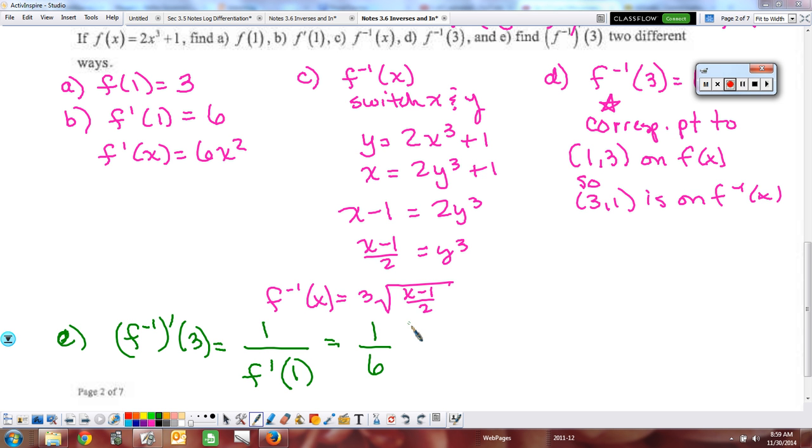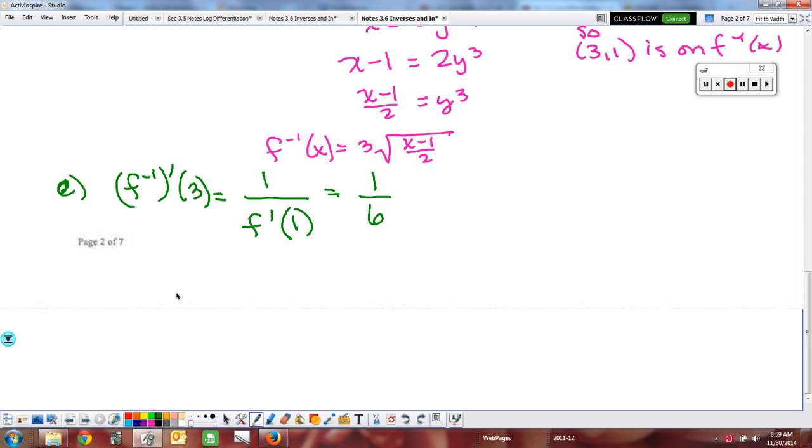But the point of this formula is, even if I know f of x, but I want to find the slope on the inverse, instead of finding the derivative of the inverse and then plugging in 3, which is the second option, if I already have information about the original function, and I already know the derivative of the original function, I just simply have to go, the slope on the inverse at 3 is the reciprocal of the slope on the original at the corresponding point 1. Right? So that's the short way of doing this.